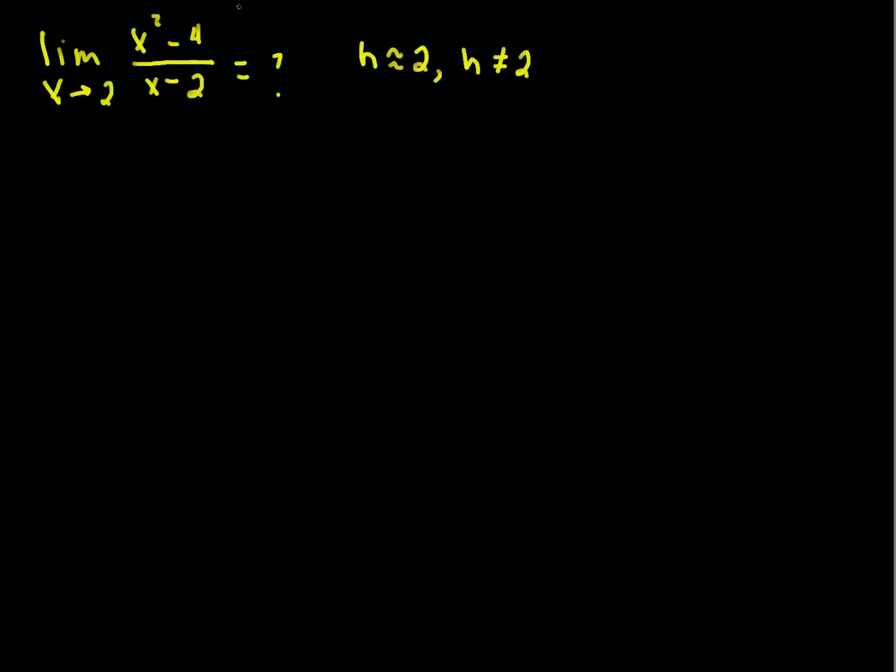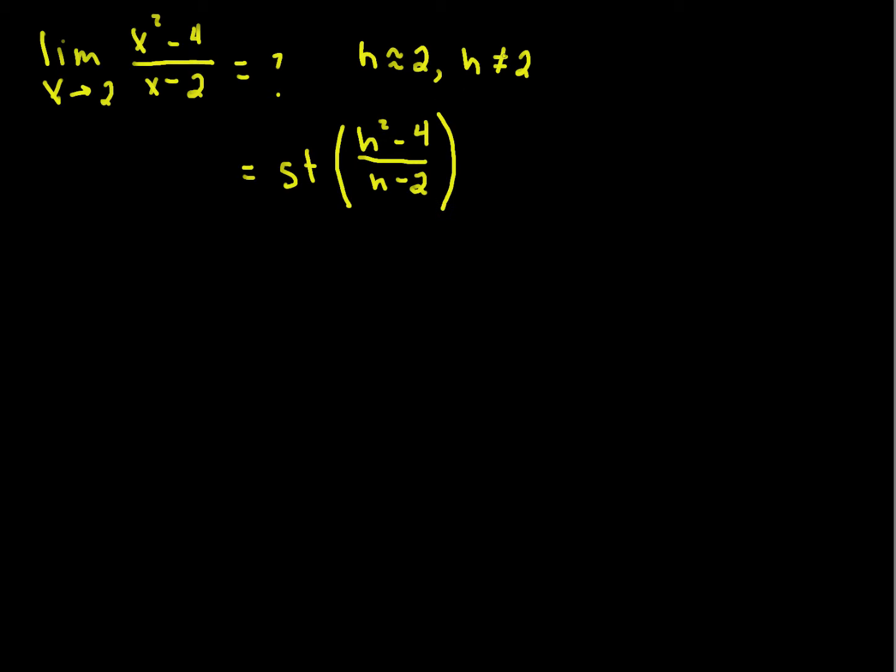And we want to know what is the standard part of this. So this limit is equal to, if it exists, the standard part of h squared minus 4 divided by h minus 2.